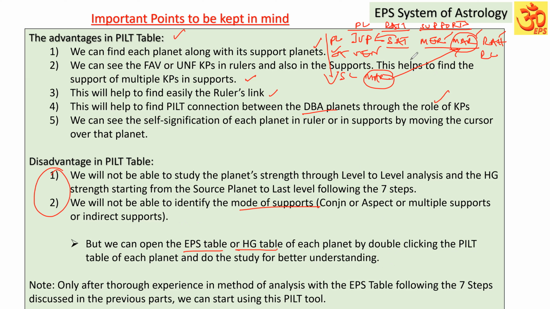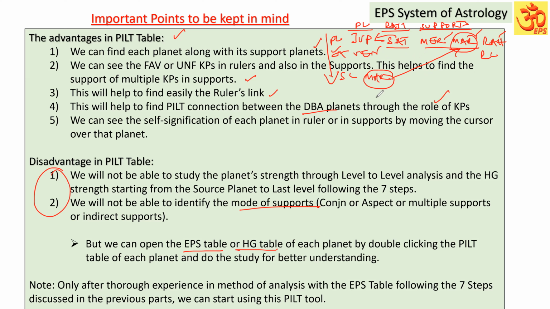If you double click on that Jupiter table, the Jupiter planet analyzer table, the EPS table will appear in a pop-up window. We can check that EPS table analysis, and if you swap that EPS table, we will get the house grouping table. That also we can check. So in the analyzer table, we can check the EPS table also.